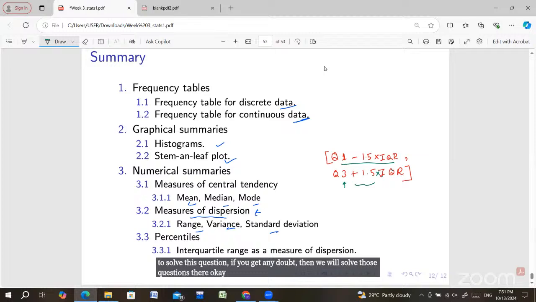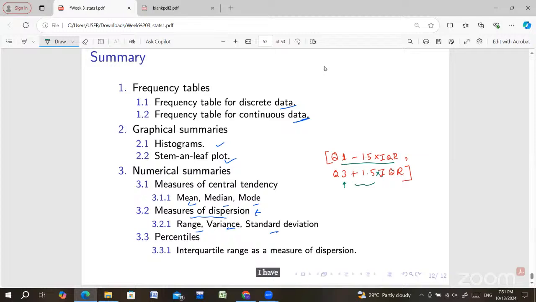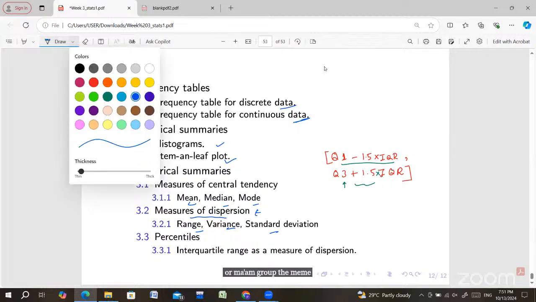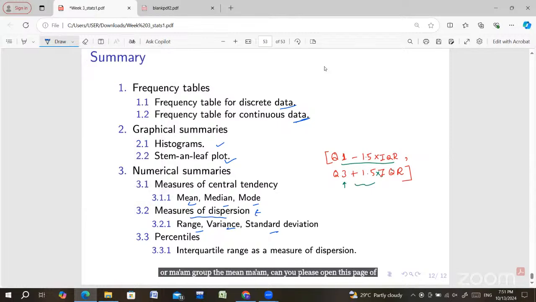Ma'am, I have a doubt in grouped mean. Can you please open this page of the grouped mean example?